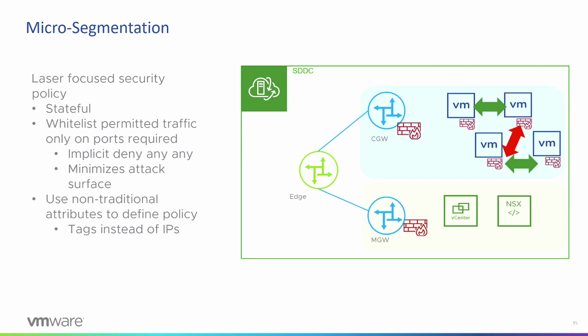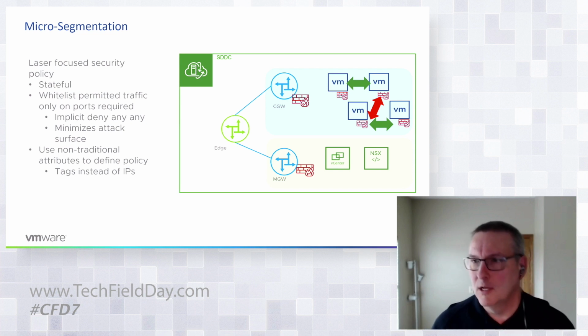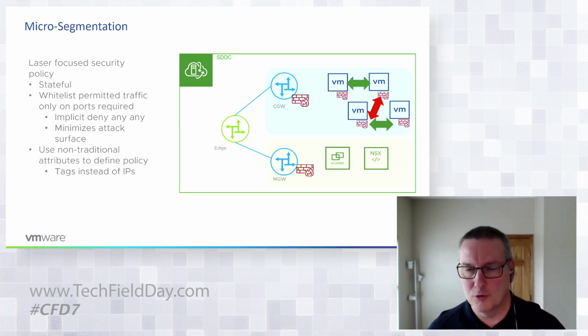And that simplification of the security policy is really through the attribution of using non-traditional attributes instead of the IP addresses, right? Let's use tags, right? So I start to get what I almost refer to personally as IP address liberation, right? I don't care what the IP address of my virtual machine is, as long as it has the right tag that's specified in my policy, it's now being protected by that policy.